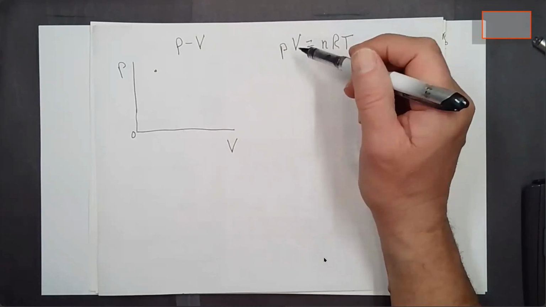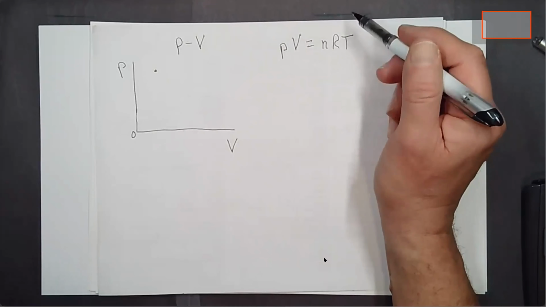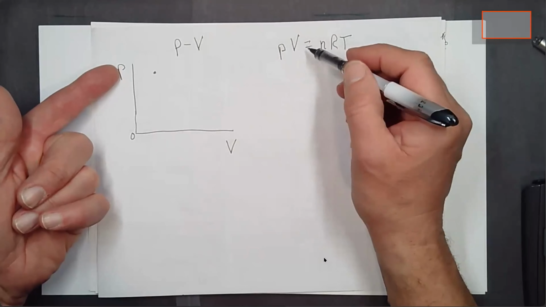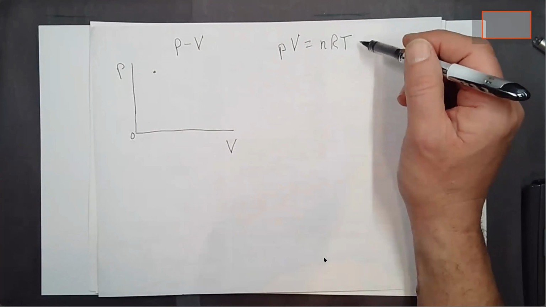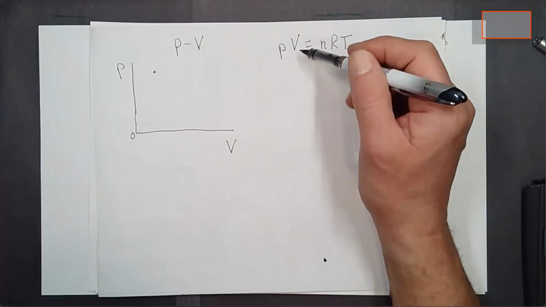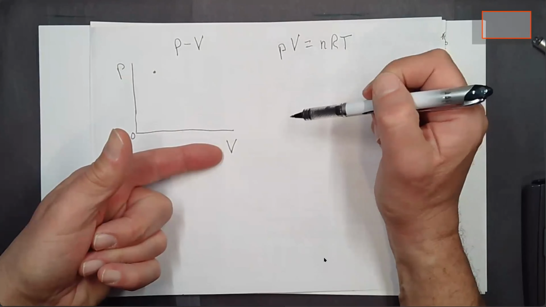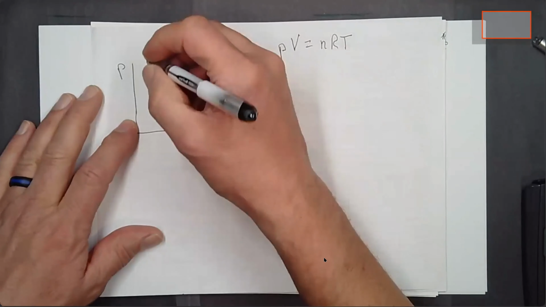In fact, if the pressure and the volume are constant on here, you could imagine the pressure times the volume happens to be constant. You'd have a constant temperature then for a particular sample of gas. And what does that look like? If you've got the P on the vertical axis and the V on the horizontal axis, you get hyperbolas.